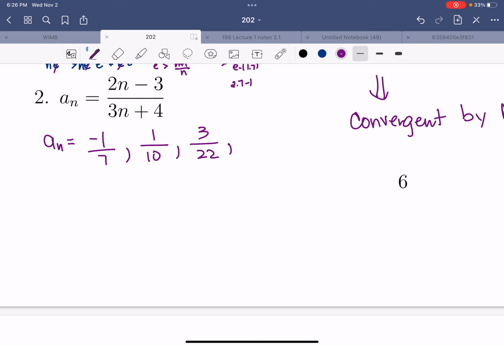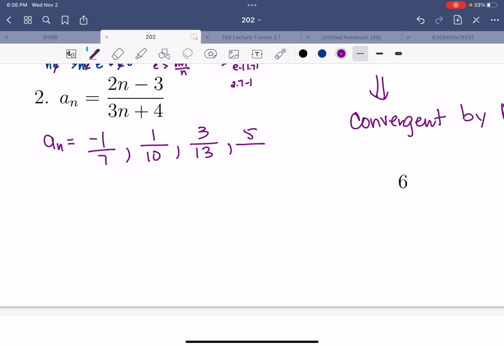When we plug in 4, we get 5 over, hold on, back the train up here. This isn't 22. Sorry about that. All right, that's my third term, so I'm plugging in 3. 9 plus 4 is 13. There we go.